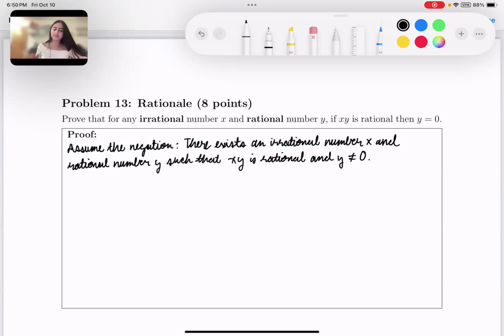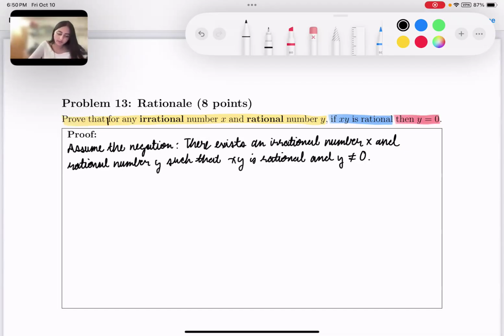Okay, let's break down how we were able to find this negation, and let's break it down into 3 parts. The first part is the quantifiers. Then moving into the if-then statement, we have the if portion, and then we also have the then portion. Prove that for any irrational number x and rational number y.